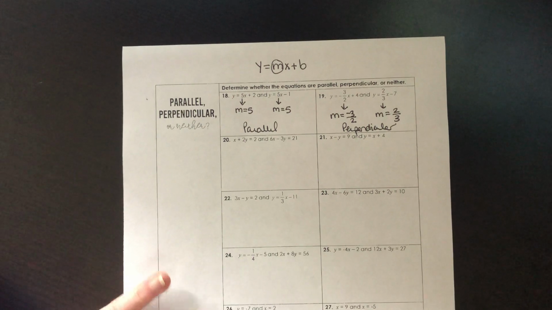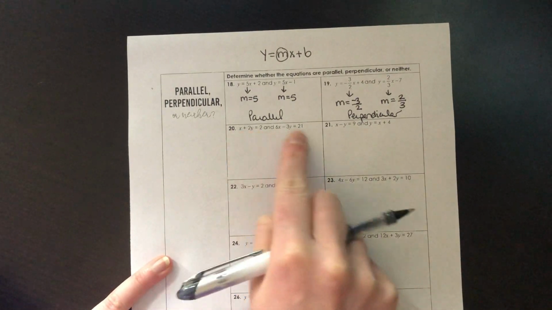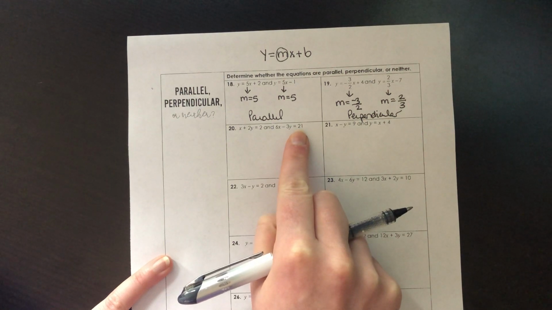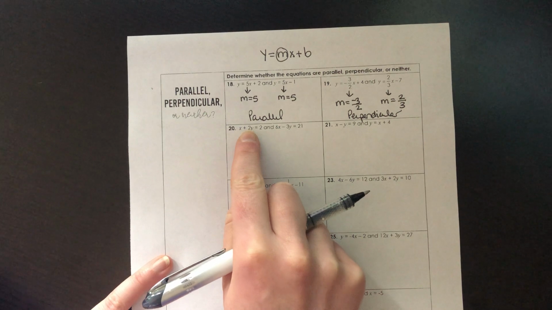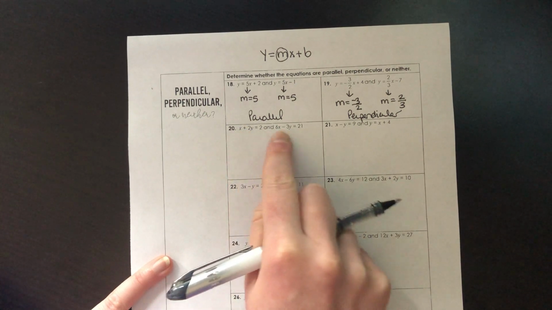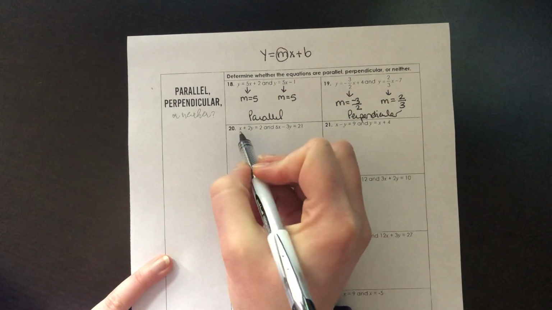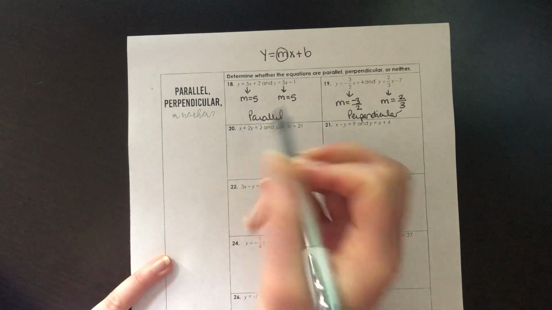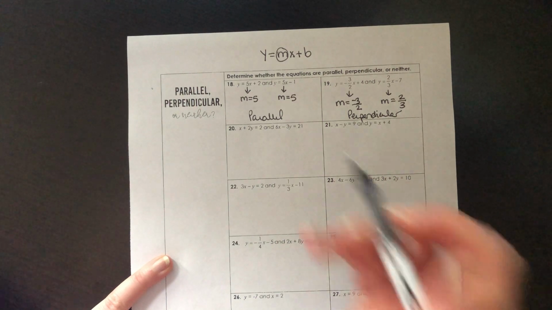Not bad, right? And if we look at number 20, notice it's not in y equals mx plus b format. So I'm going to make sure that it is in y equals form for both so I can see the slope. For number 20, I am going to solve for y.